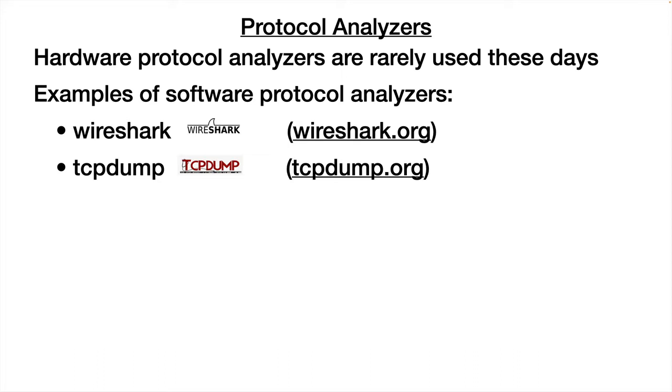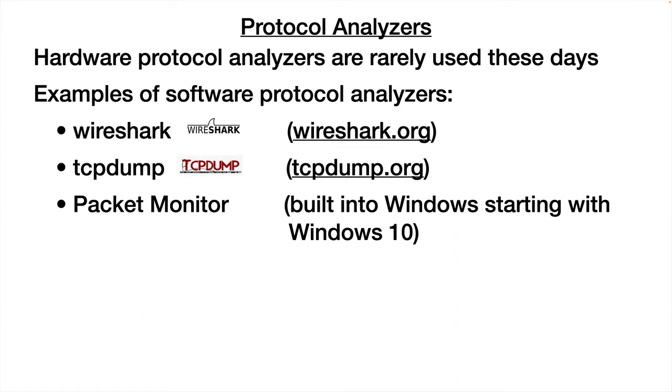But if you need to download a copy or get something else related to tcpdump, the URL is tcpdump.org. Starting with Windows 10, Microsoft kind of quietly snuck something called Packet Monitor into their operating system. So if you're on a Windows machine, you might have that available to you.